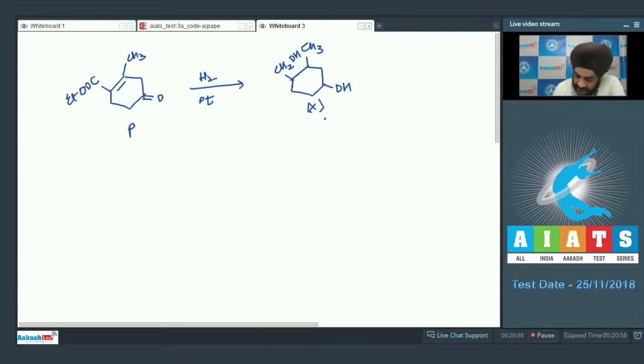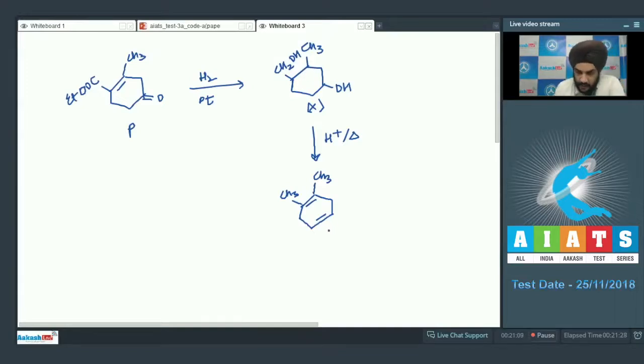So next it is subjected to reaction with H2SO4 and heat. So H plus and heat is going to remove the alcohols and convert them into alkene. So the carbocation generated here shall migrate inside the ring and form an endocyclic alkene.